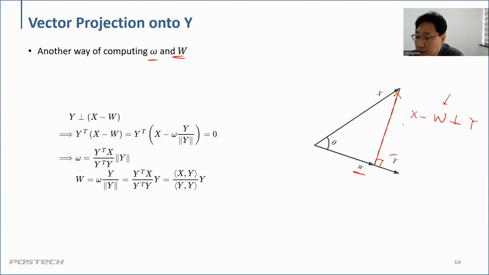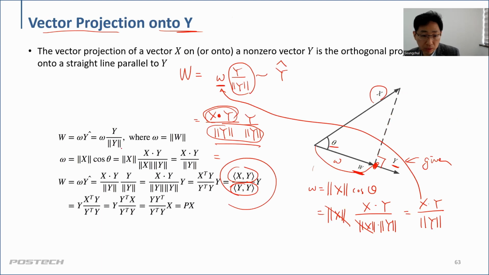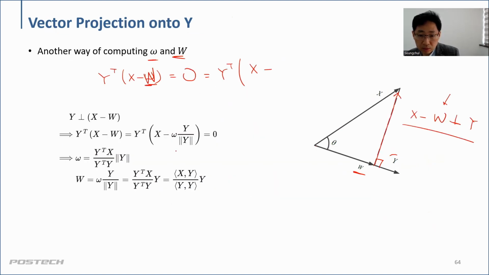We want to find the omega that satisfies this condition, so we set the inner product to zero: y transpose times x minus w equals zero. W is omega times y divided by the length of y, and omega is just a scalar.